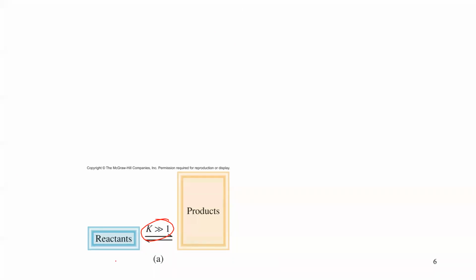And so for K greater than 1, we end up favoring products. The reaction favors the product. We can talk about this a couple of ways.